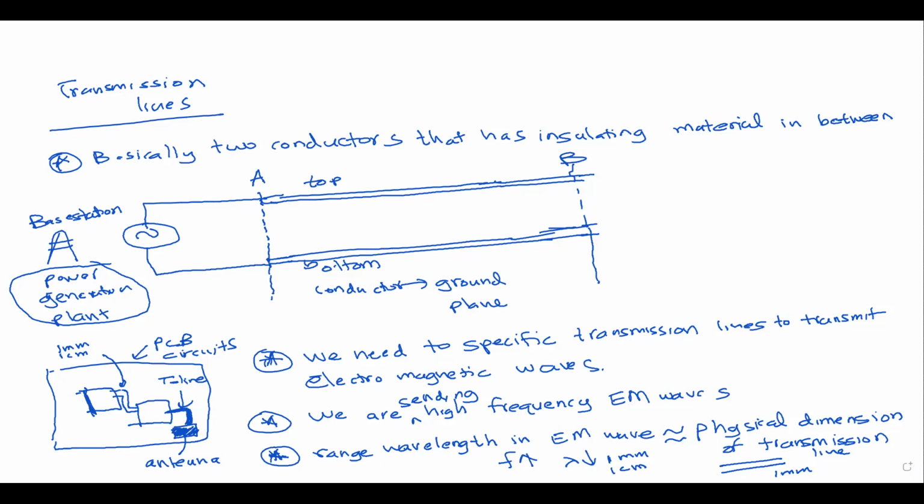Because the wave is in that millimeter, centimeter range, and the transmission line is also in that range, the precision of the design should be very high to get the output that we need, right? So when designing transmission lines, we need to be very precise with the dimensions of the transmission lines.